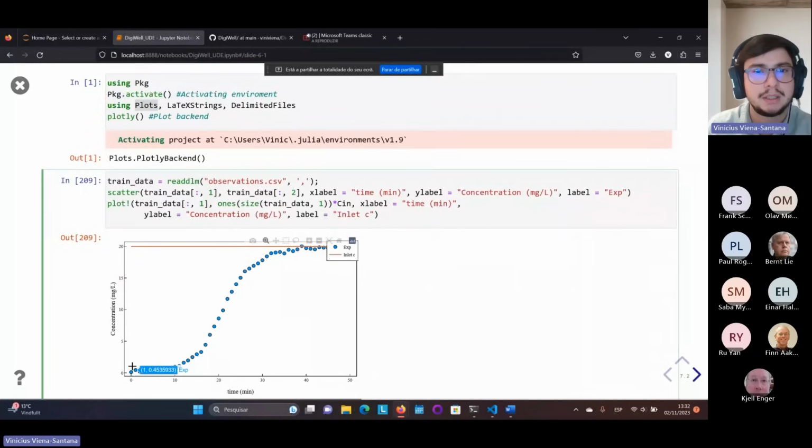Here you can see these blue circles are my experimental fluid phase concentration, and here in orange, this line represents the inlet concentration. I give an inlet concentration of 20 milligrams per liter, and then the response of my system follows this typical exponential approach towards my inlet concentration.